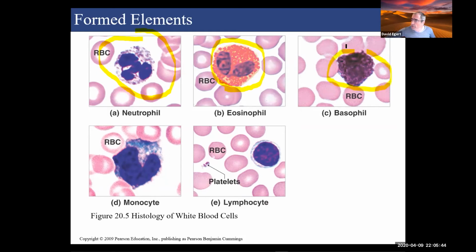Basophil is filled with the blue granules that are kind of masking the nucleus even there. The monocyte, actually you can see it's getting kind of distorted here. It should be more roundish, but this is a monocyte with its big kidney shaped nucleus. And here's a classic lymphocyte. The whole center of it is pretty much a big round nucleus with a little bit of cytoplasm around the outside.